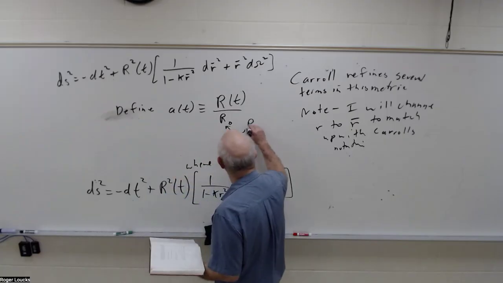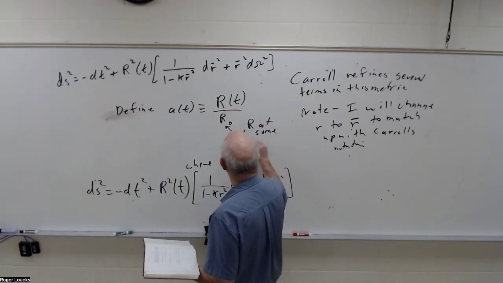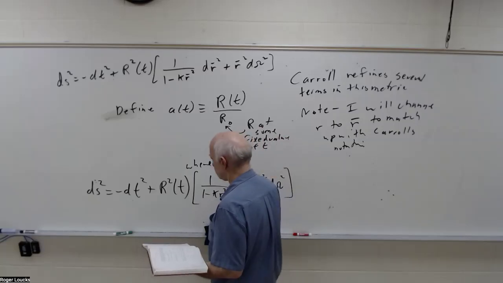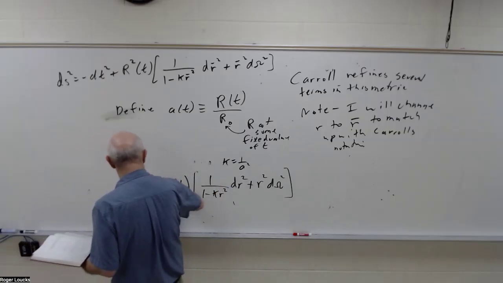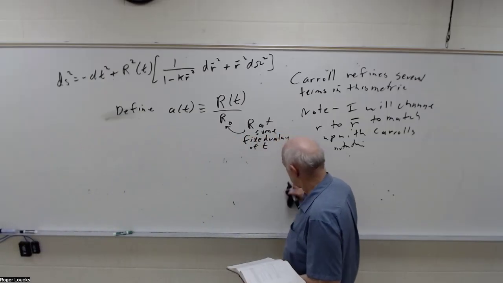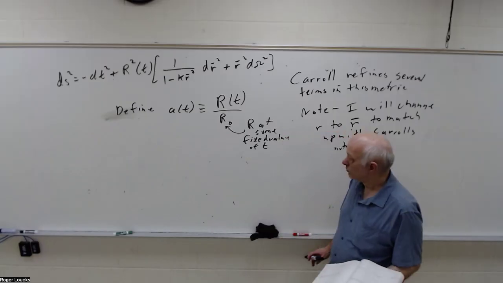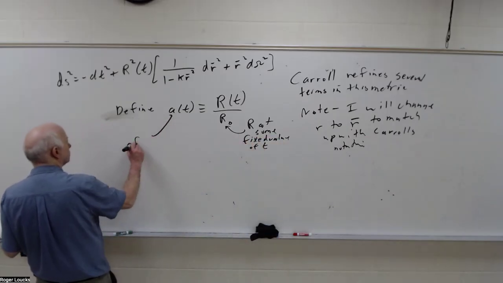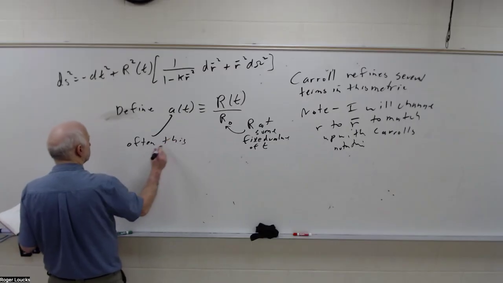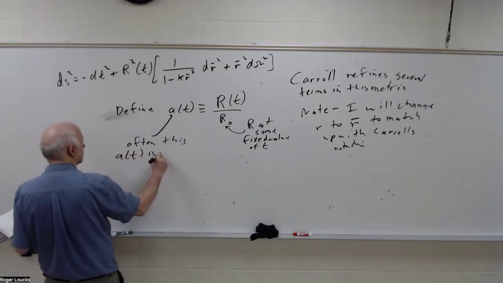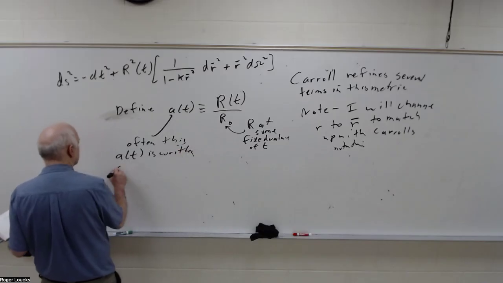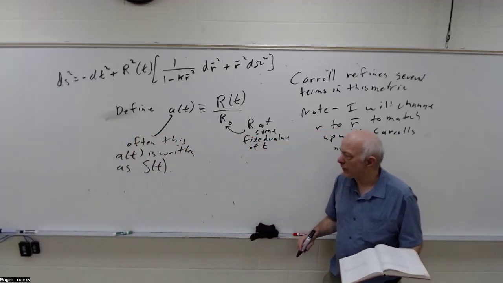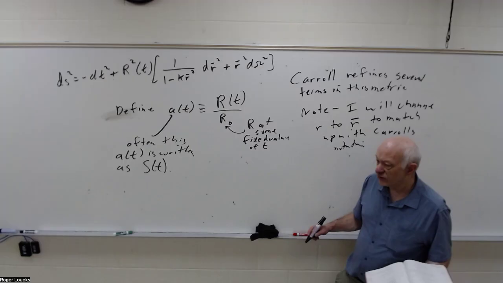And this is going to be R at some fixed value of t. This A of t is often written as capital S of t. So if you look at some books, they're going to have a capital S of t, it's going to be the same idea here. This is called a scale factor.